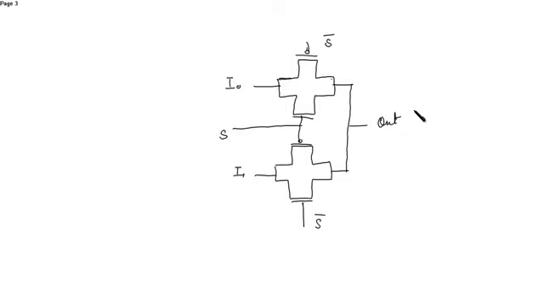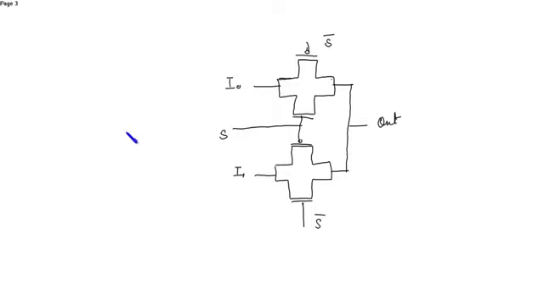Okay, this is S bar, S bar, and this is S. This is input I0. This is I1. Let me short this too. This is the final output out.